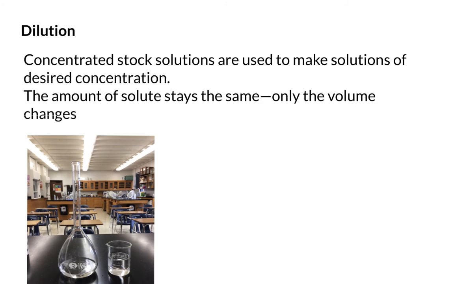Once we know the concentration of a solution, we can make different concentrated solutions based off of that one solution. Sometimes I think of this as lemonade. So say that you are having some friends over and you make some lemonade using your lemonade powder, and you pour the powder in and you make it a certain concentration.